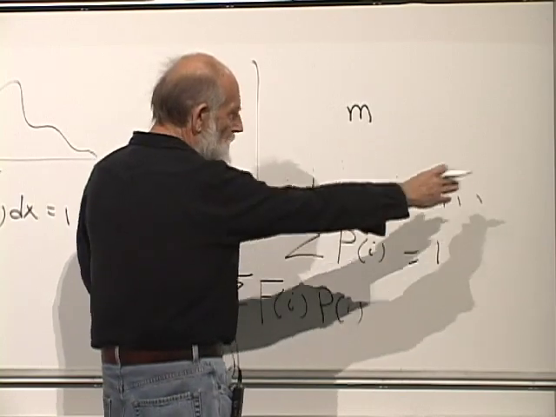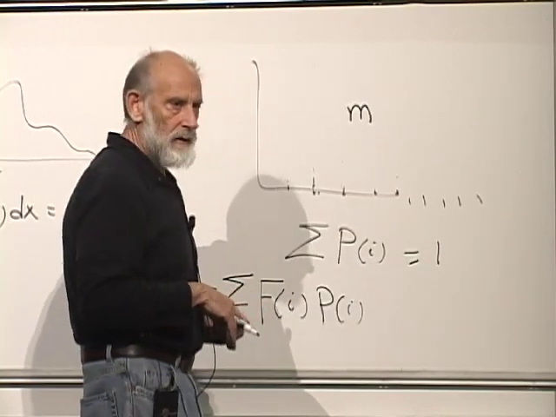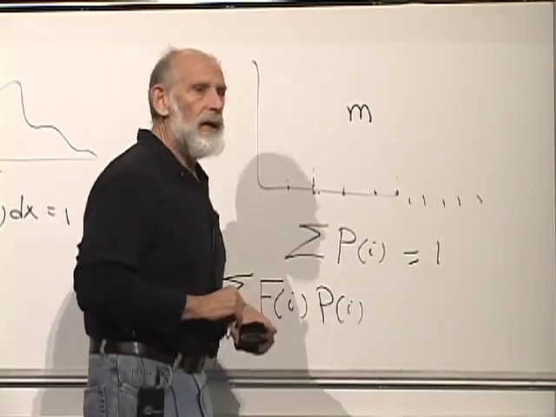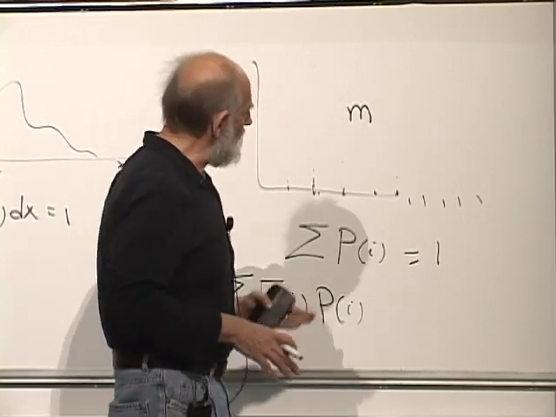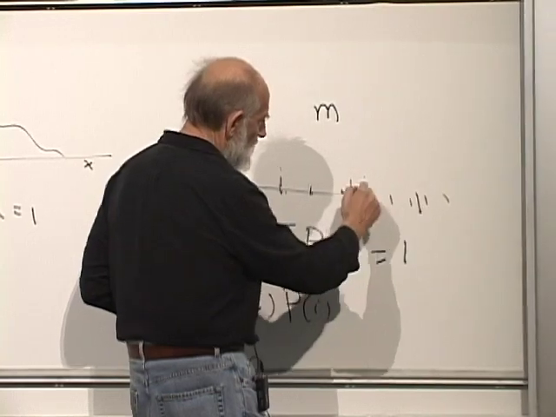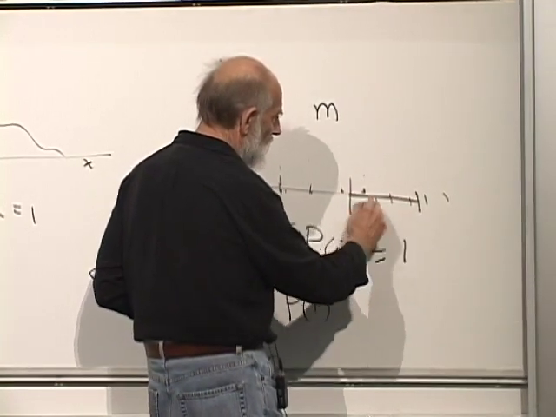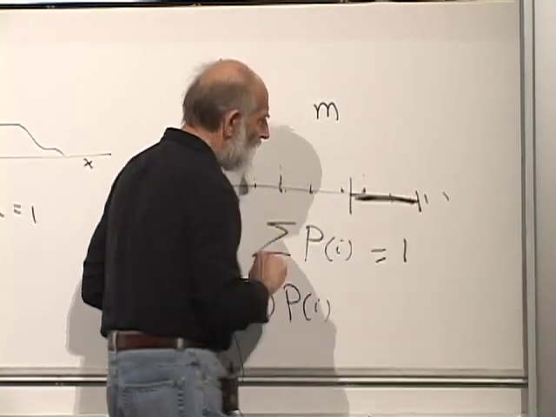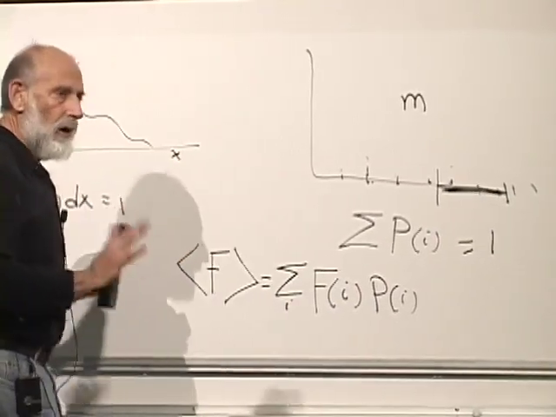Let's suppose there are n states altogether. M is less than n. And all we know about the system is that it's in one of these m states. So it could be this set of m states over here. That's all we know.